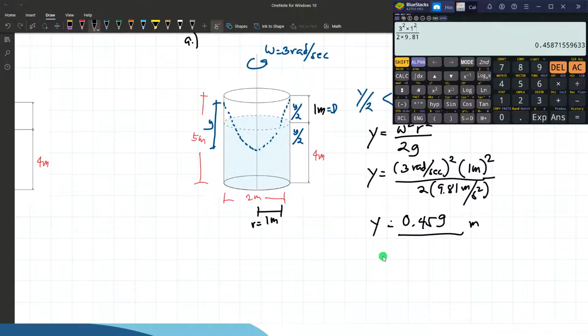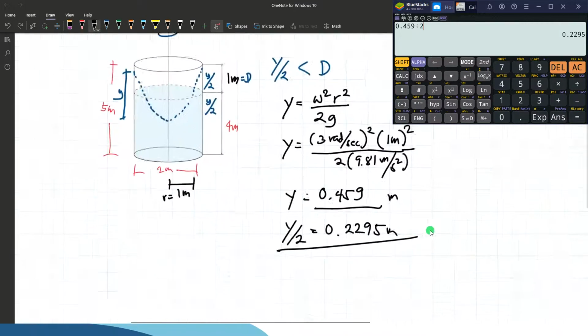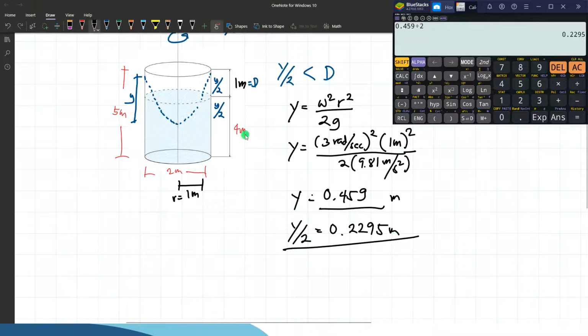0.459, and when we divide it by 2, 0.459 divided by 2 is 0.2295 meters. So the answer for letter A is 0.459, and we can confirm that there will be no water spilled when y over 2, which is equal to 0.2295, is less than this distance d, which is 1 meter.